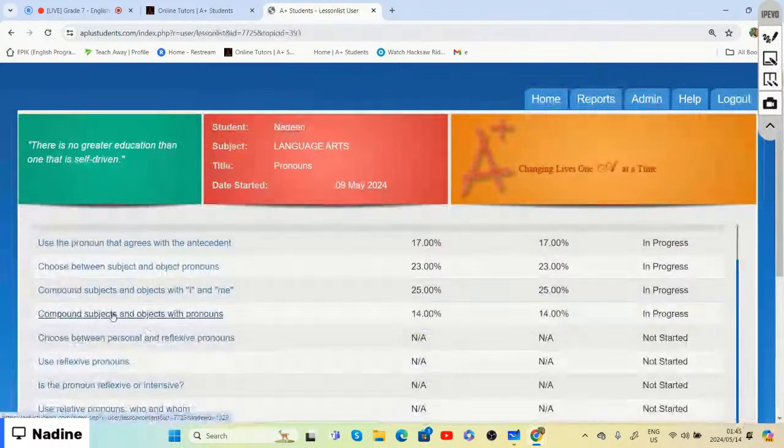All right. So this is basically pronouns, right? So remember we said when it comes to pronouns, we have our subject pronouns and we also have our object pronouns. Our subject pronoun, for example, I, tells us who is doing something or who is doing the action.